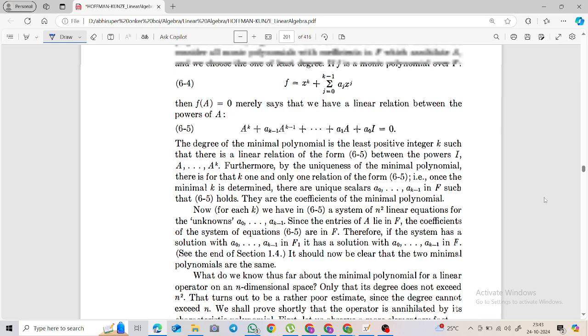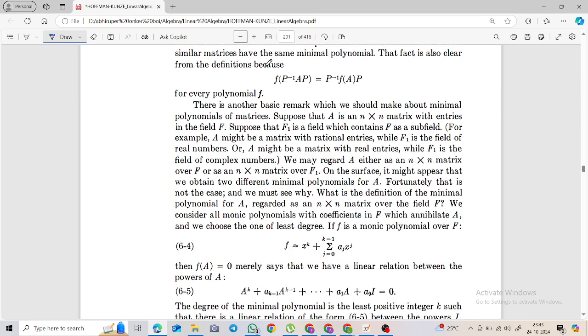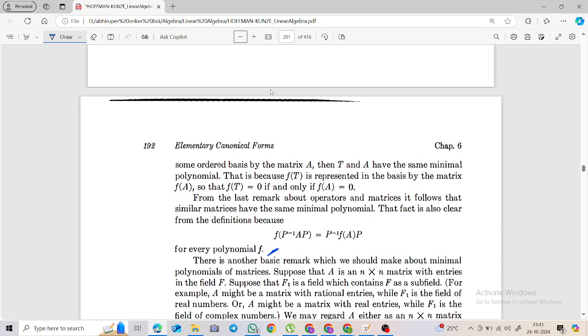Okay, read till this. Read till this. You have 2 to 3 minutes.